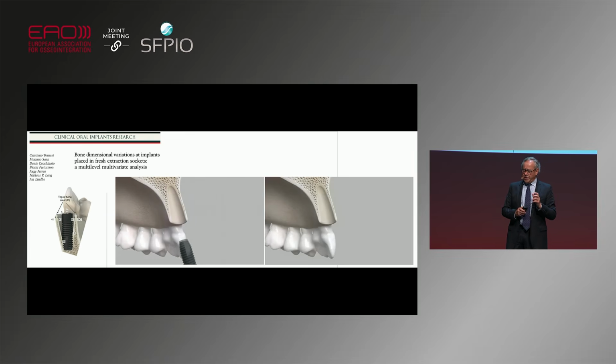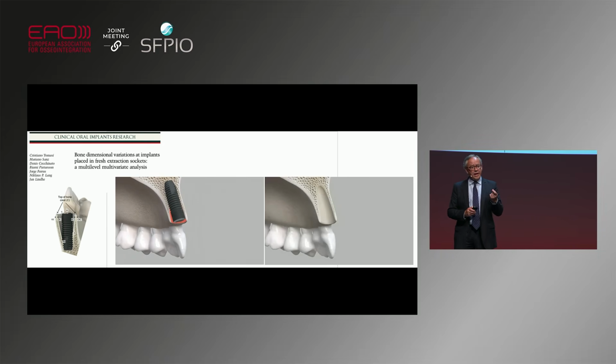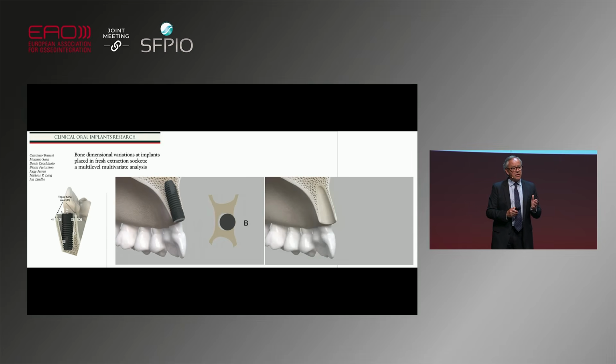And you see, this is what I would call the worst case scenario, which is when I have a very thin buccal bone and I place my implant in close vicinity to the buccal bone plate. Here there is no gap to fill, but since this is very close to the buccal bone plate, I'm going to lose most of the buccal bone plate, both horizontally and vertically.